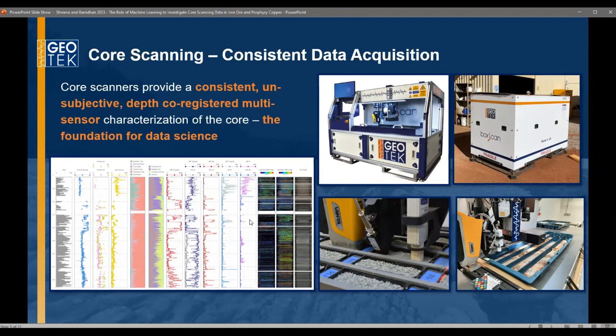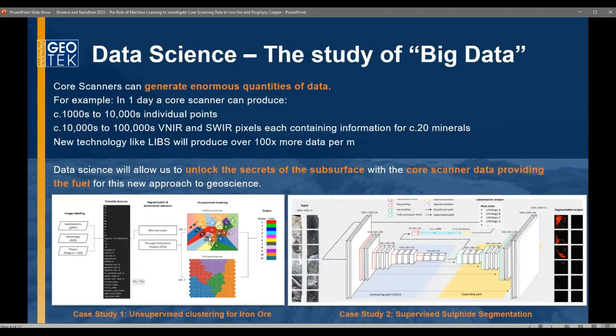And we do need the form of data science to understand these data sets, because core scanners produce enormous quantities of data. So to give you an example, in one day, we can produce thousands to tens of thousands of individual points. We can produce tens of thousands to hundreds of thousands of pixels of information across 20 or more minerals.